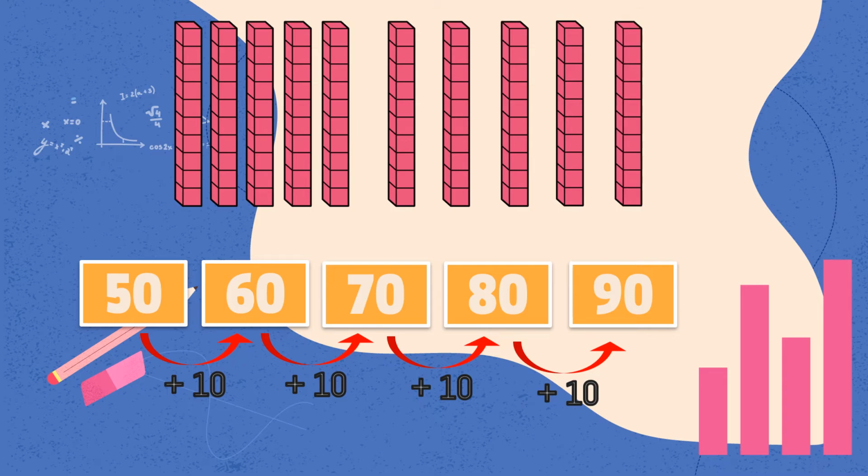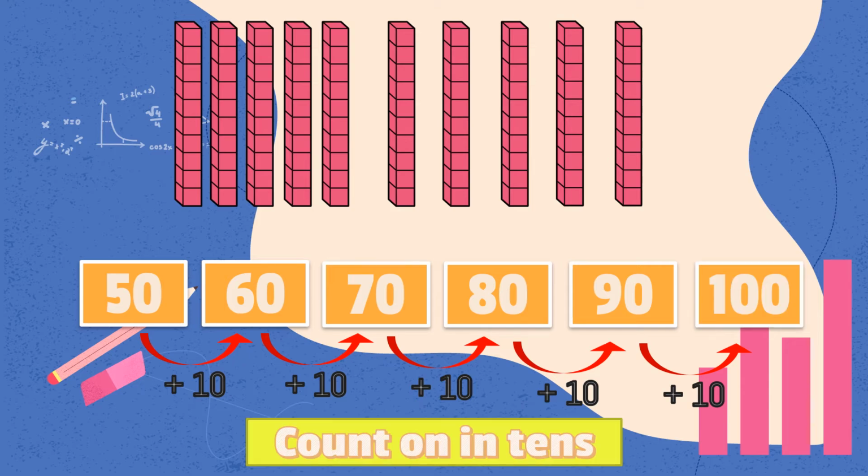Again we add another 10, becomes 100. Look at the number pattern: 70, 80, 90, 100. This is what we call count on in tens.